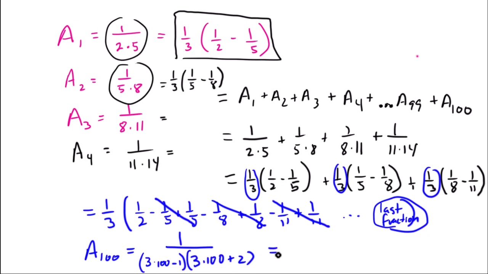Or in other words, that last term, A100, is going to be 1 over 299, which is 300 minus 1, times 302, which means really the last fraction here is going to be 1 over 302. This now simplifies the whole summation.